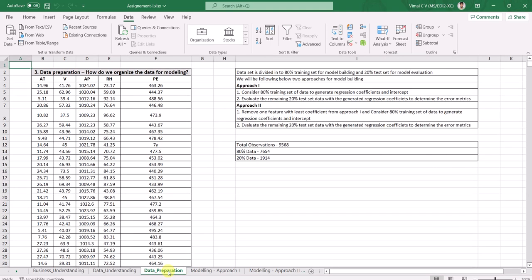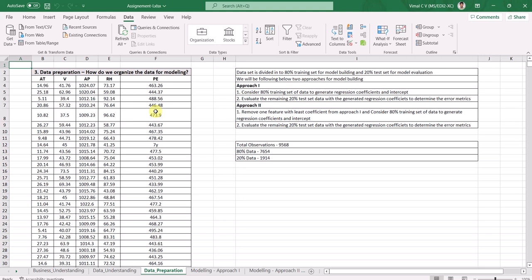In data preparation, our assignment says we need to follow some approach to build a model and to test it. So I have considered an approach where we use the same algorithm with two different approaches. In the first approach, we'll use the multiple linear regression algorithm with four features and predict the target y.